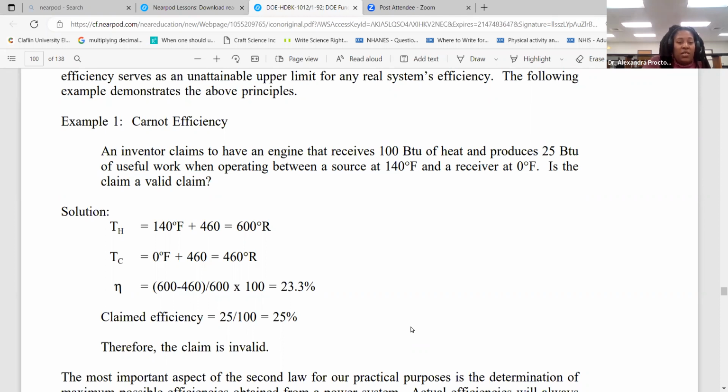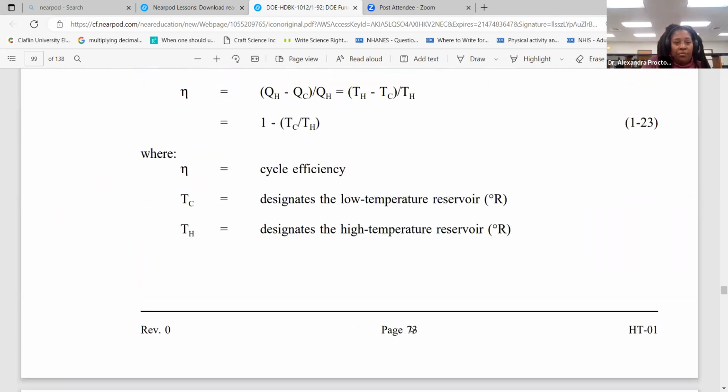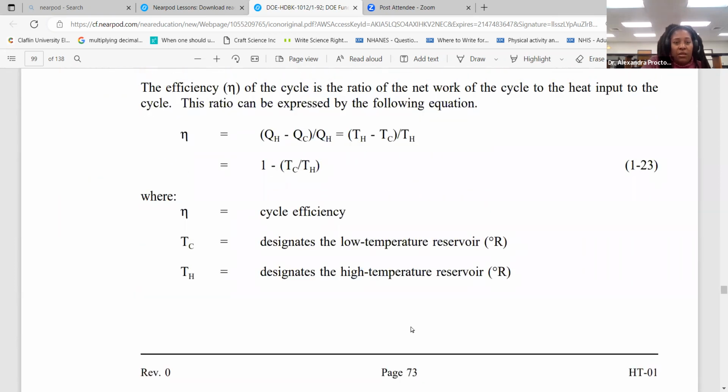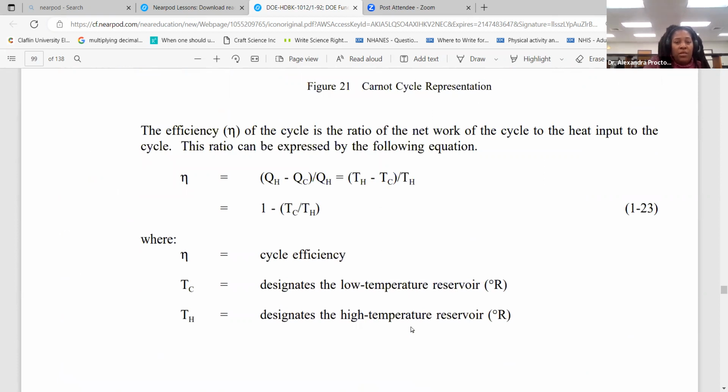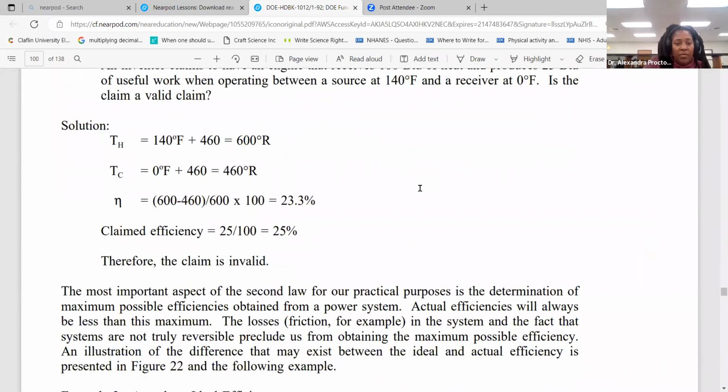And then in order to find the efficiency, they plug in 600 minus 460 divided by 600. So they're using this equation up here, which they do not show. So they use this equation here: TH minus TC divided by TH in order to find the efficiency. Okay, so that's why they have 600 minus 460 divided by 600.